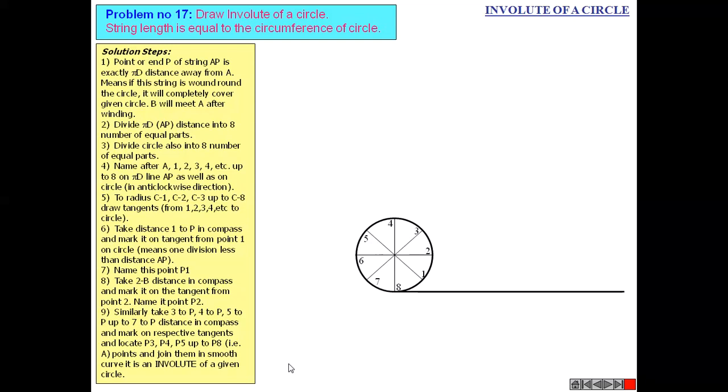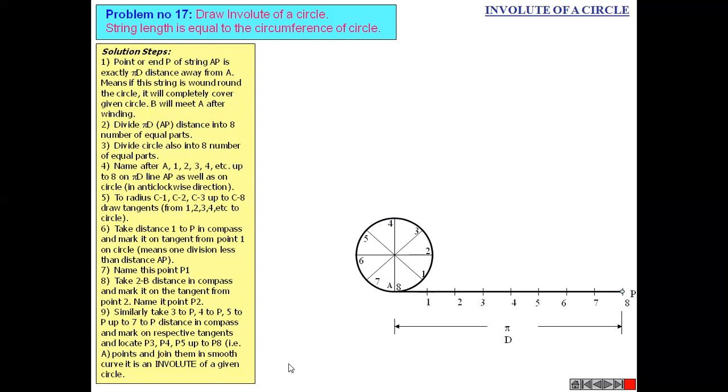Then from the base, from point number 8, we have to mark the distance pi D, and we'll name it as AP. Next, we have to divide this distance in 8 equal parts.